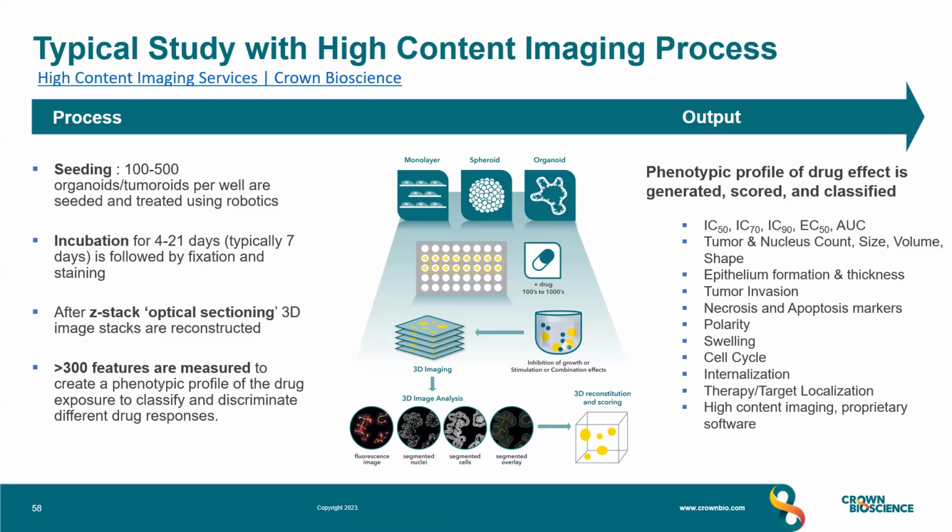This slide just outlines that typical study process, so you can see how easily the design can be integrated. And then you have that added value that you can measure hundreds of different phenotypic and morphological parameters simultaneously. Some of them are listed here, which you can do without the need for repeating the experiment or using multiple wells.